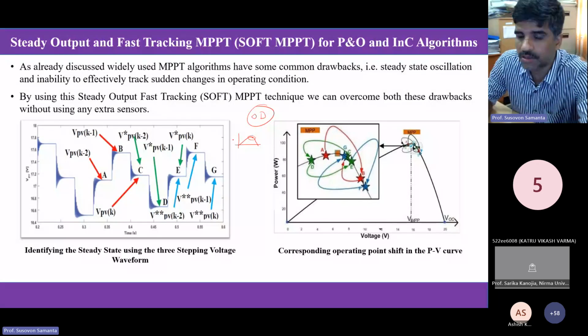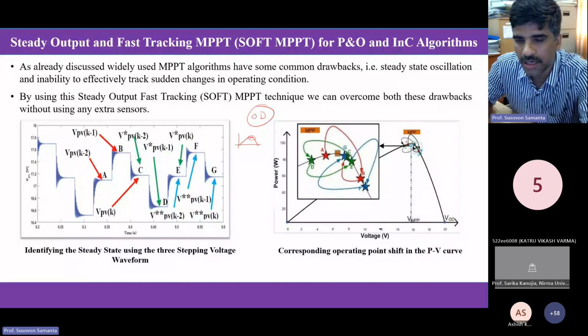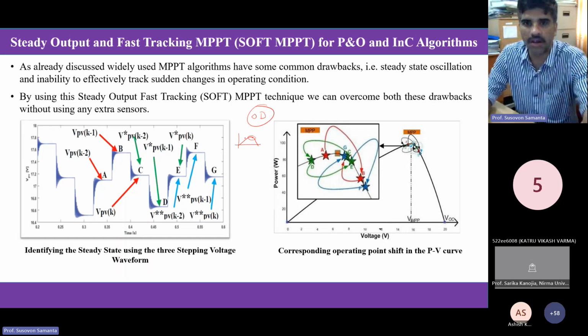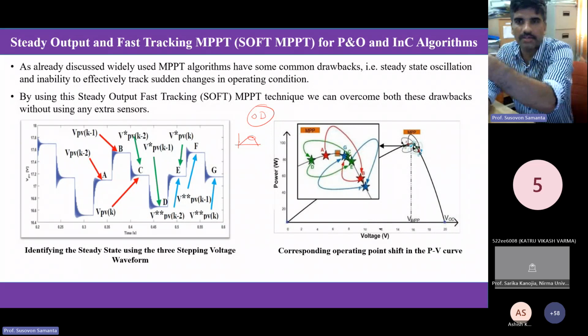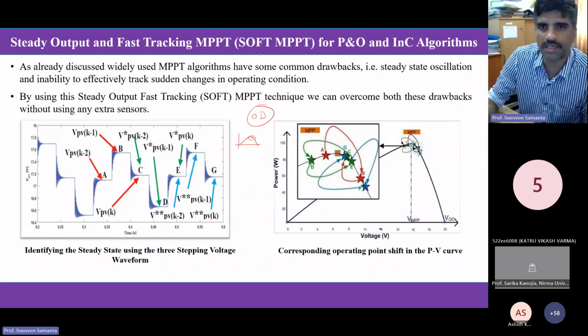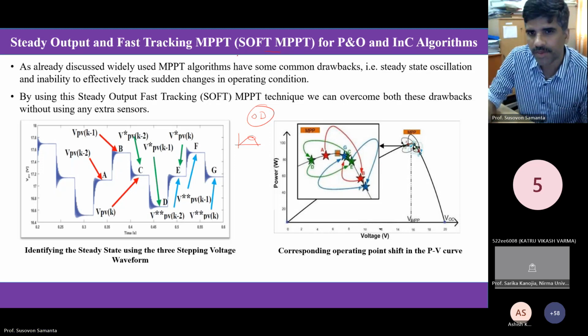But one thing I should consider is that when there is an irradiation change, if the duty ratio is locked at that point, I should unlock it again, because it will go to another operating point, and again I should come back to the MPPT point. So these two things we have implemented into the steady output and fast tracking soft MPPT P&O and INC algorithm.